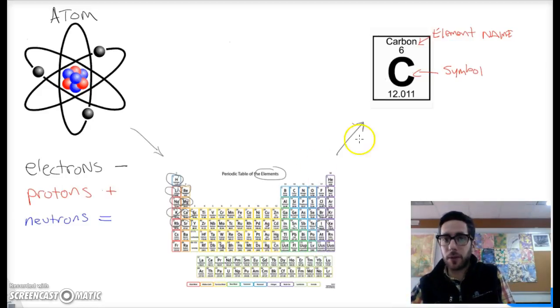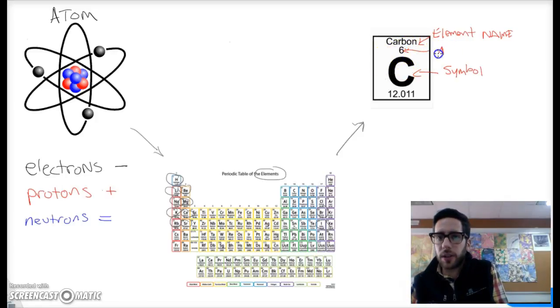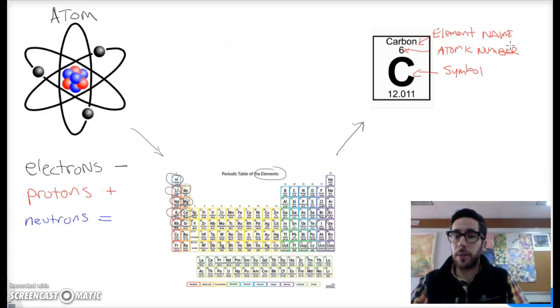The other information that we have on here, there's two numbers. So this 6 is what's called the atomic number. And those are always whole numbers. On our periodic table, it would be 1 through 118. No decimals, no fractions, whole numbers.